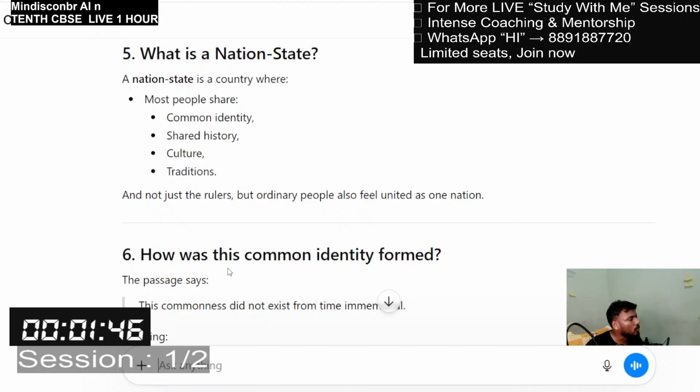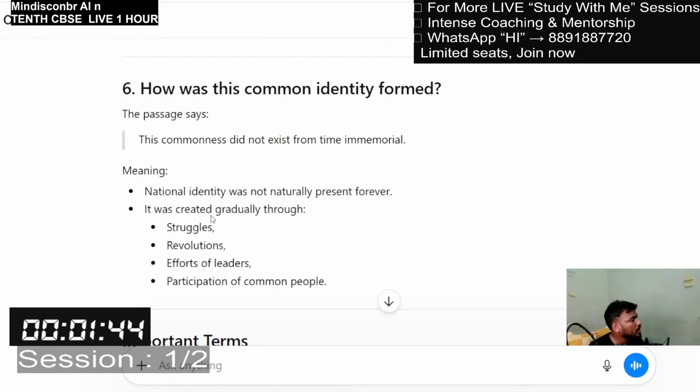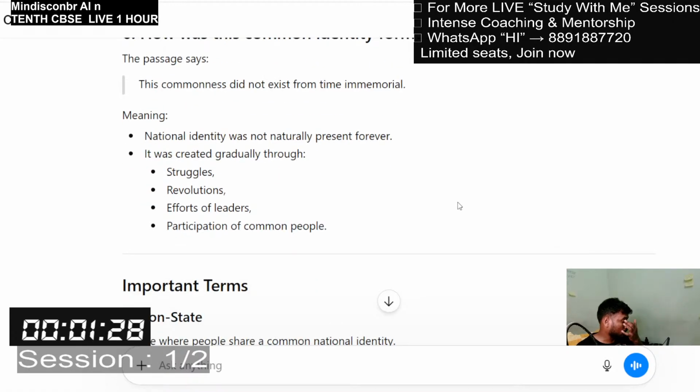How was this common identity formed? The passage says this commonness does not exist from time immemorial, meaning national identity was not naturally present forever. It was created gradually through struggles, revolutions, efforts of leaders, participation of common people.